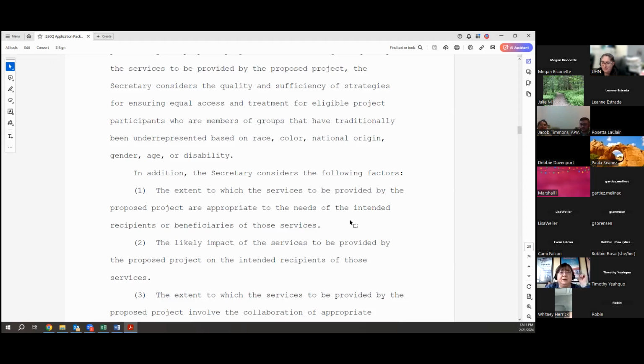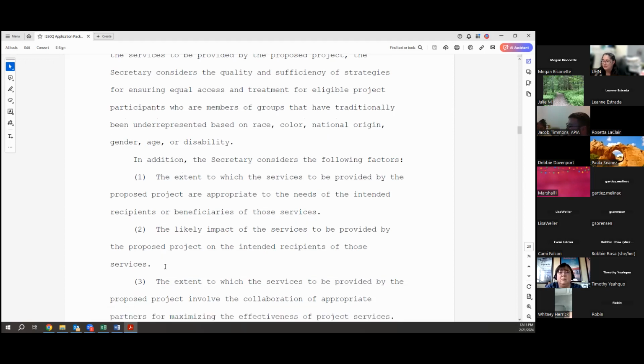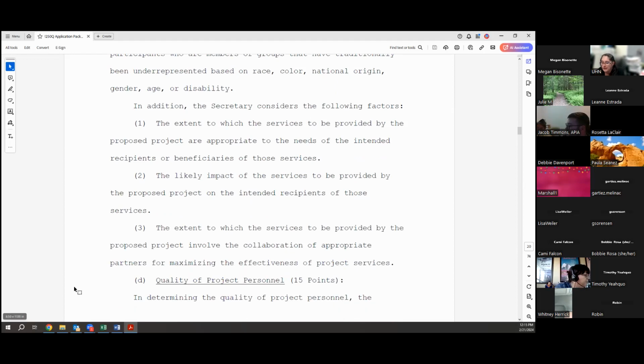And then the likely impact of the services to be provided. Here you get to dig in really deep. Number two, on how your culturally competent services are just the best thing around, because it's what and how we're able to differentiate ourselves.